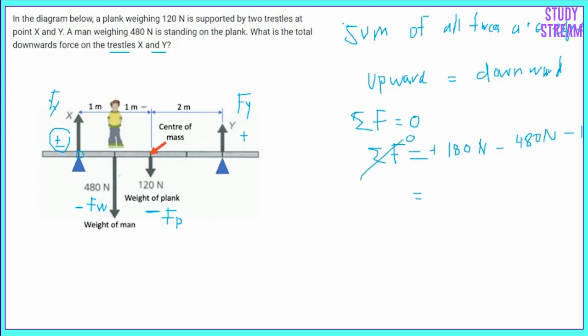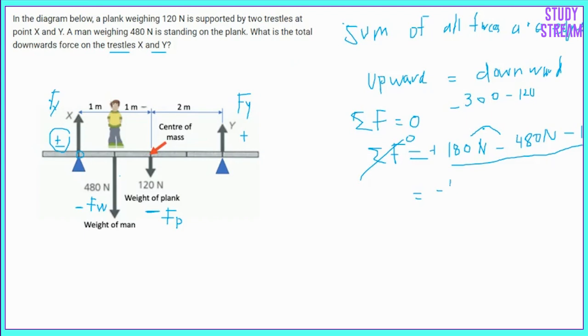So now if we substitute, we move everything to one side and simplify. So can you guys add 180 minus 480 plus 120? Should be minus, yeah. So minus 300, and then minus 120.